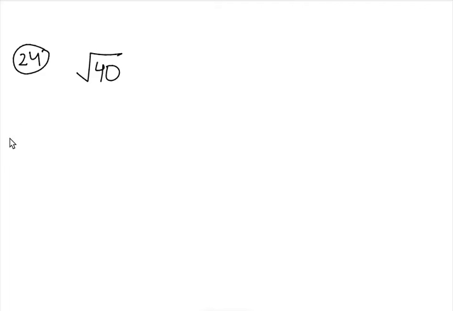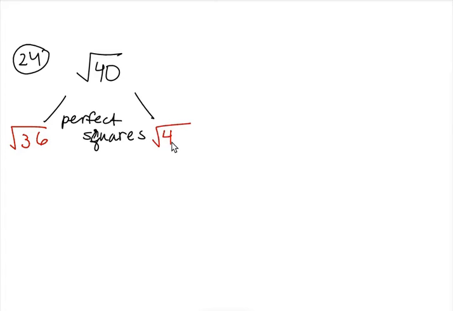So if you look at your chart, your top 20 perfect squares, we need to figure out what two perfect squares 40 is in between. Well, the closest one below is 36. And the closest one above would be 49.